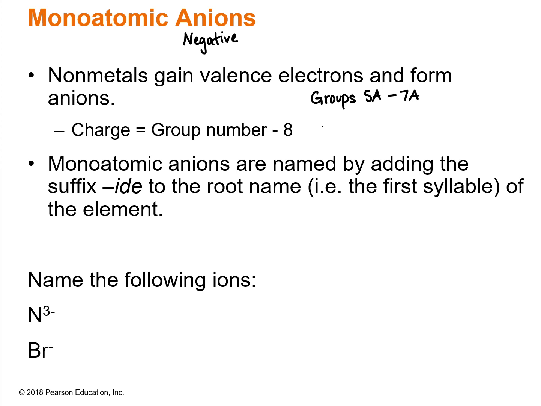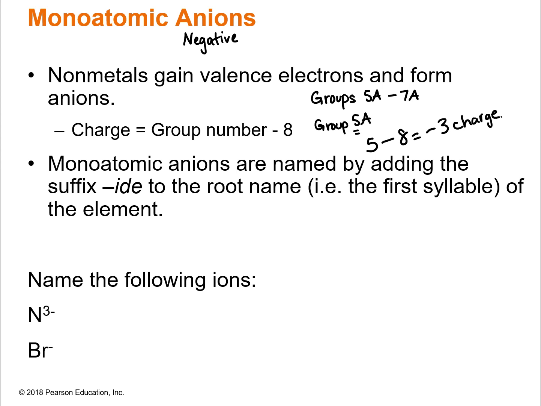So if I had nitrogen, a group 5A element, I'd take that 5, subtract 8, and that gives me -3 for my charge. That hopefully is a review. We talked about it at the end of chapter 5. If that's not review, go back to chapter 5, then come back to chapter 6.